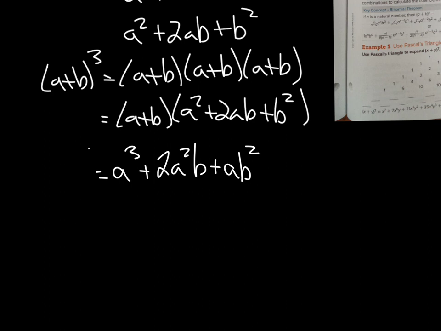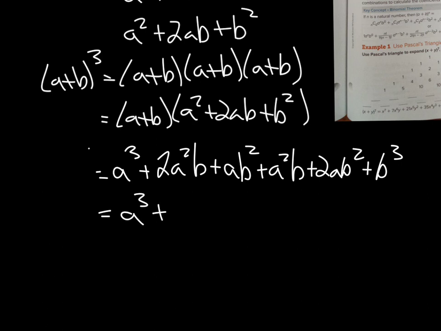So then it would be a squared b plus 2a b squared plus b cubed. And then I should be able to combine some of this. It looks like a cubed plus 3a squared b plus 3ab squared plus b cubed. Is that okay?